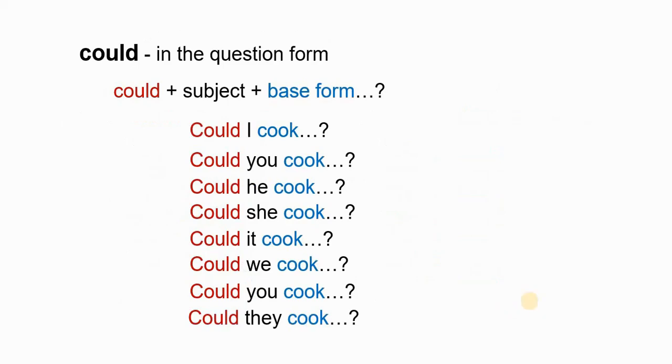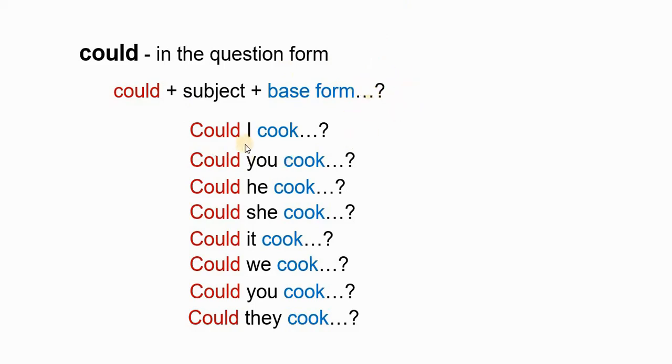And finally, could in the question form. So we now reverse the order. We have could, then the subject, and then the base form, and while we are writing it, we'll write the question mark at the end of the sentence or question.